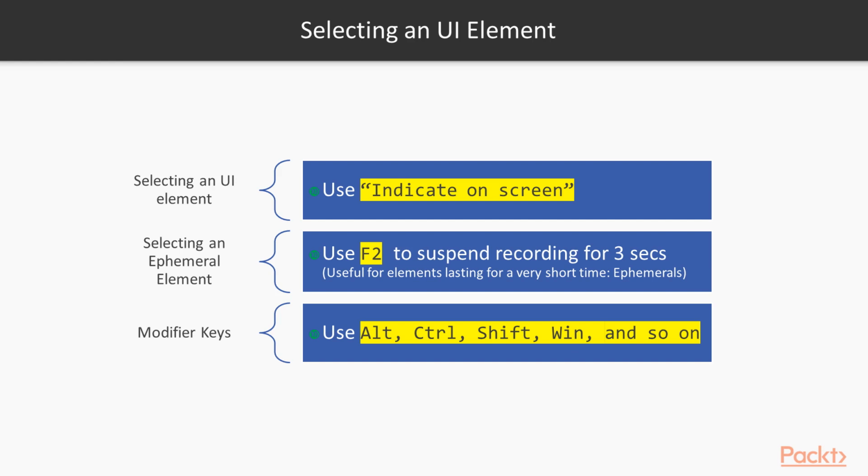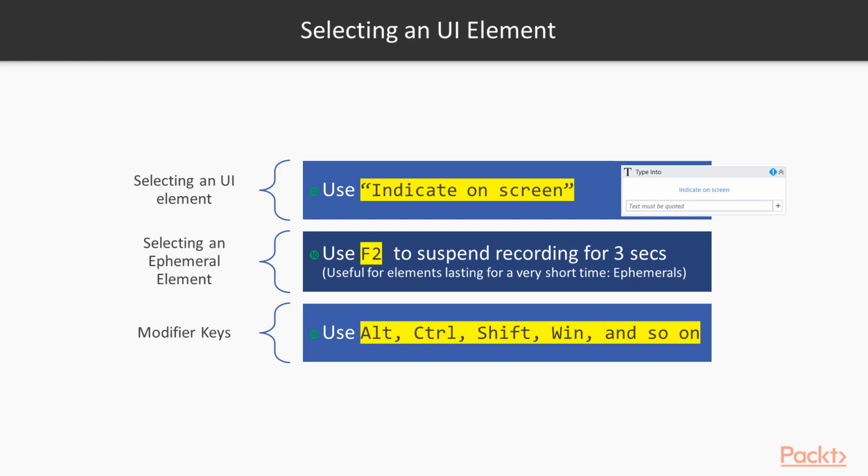Selecting a UI element is quite easy in UiPath Studio. UiPath Studio allows selecting an element by providing a link, indicate on screen, in the activity such as type into. At times, you would need to deal with ephemeral elements that are visible for a very short period of time.